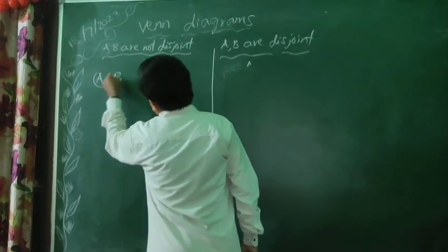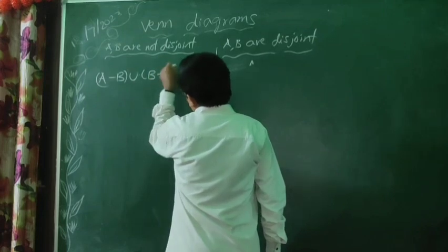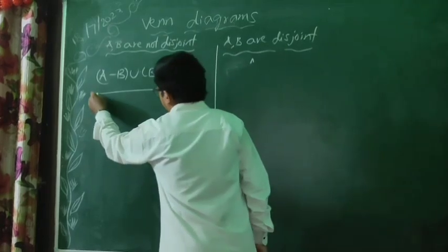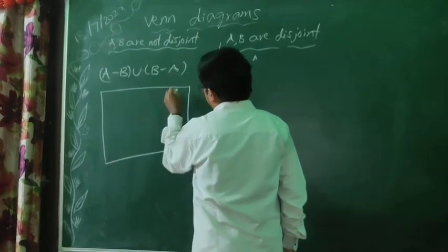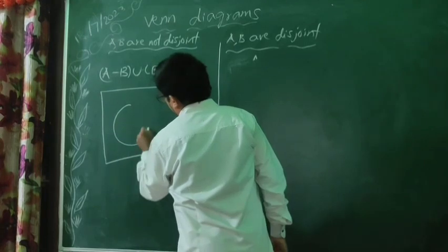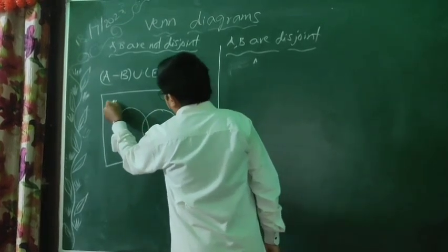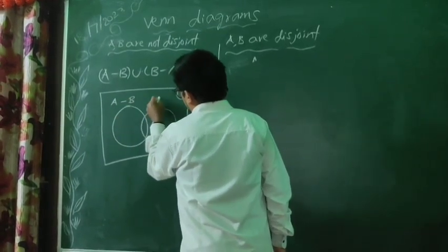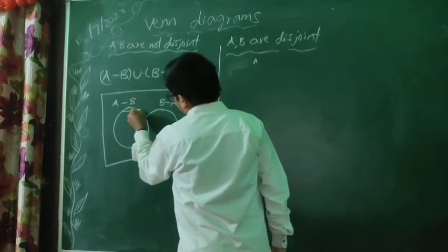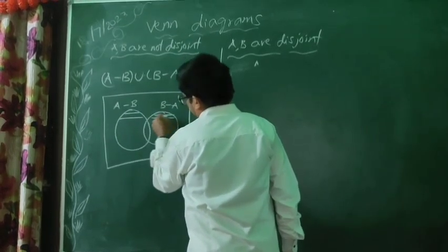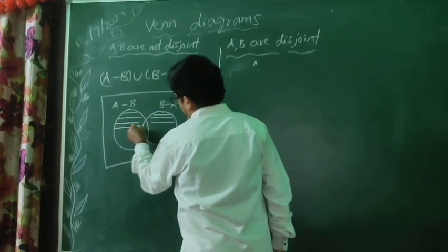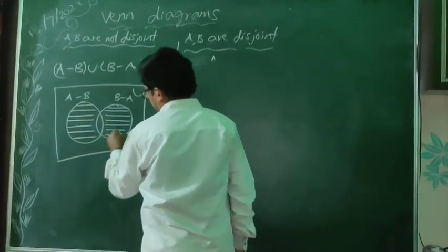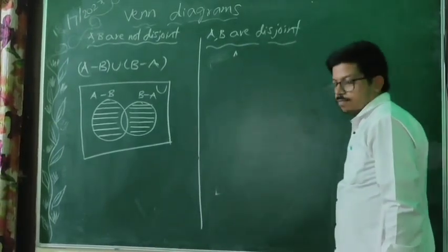A minus B union B minus A. This is of course A minus B, B minus A. This is like this.